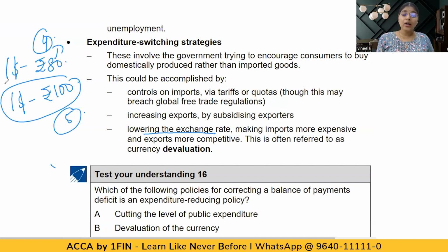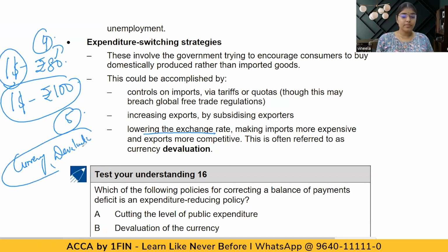Now for us, the goods that were valued in dollars, the goods from the USA, will become costlier for us. So we will not be able to purchase them. But for people in the other country, our goods will become cheaper. So this is nothing but called currency devaluation. Currency devaluation.